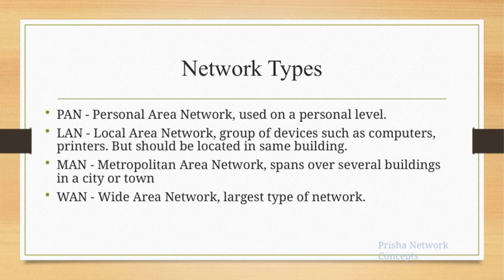This is the largest type of network, spanning cities, countries, or even continents. The Internet itself is the biggest example of a WAN, connecting millions of devices worldwide. Understanding these different network types helps us see how data moves from personal devices to global connections. Each plays a crucial role in how we communicate and share information in our daily lives.